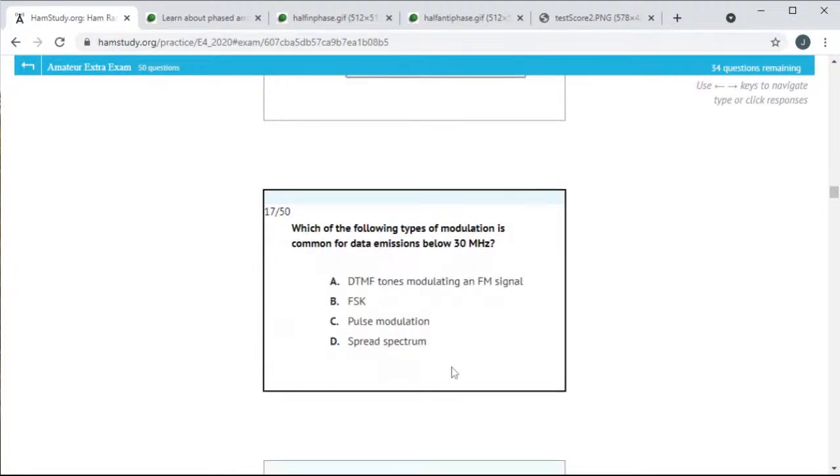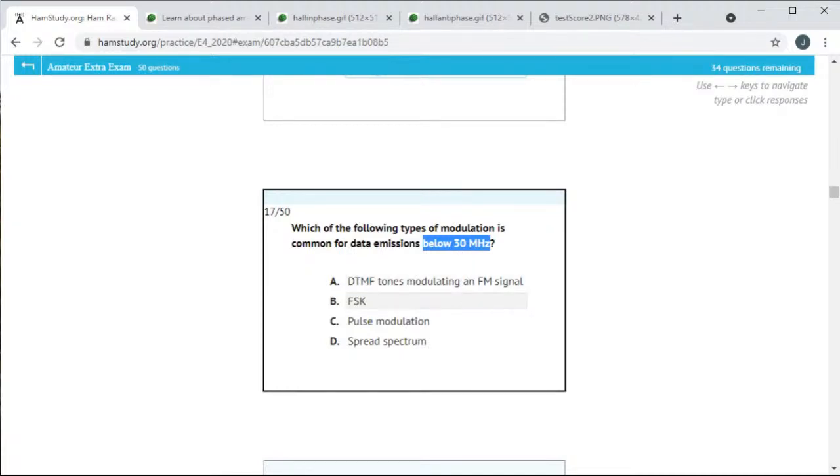Which of the following types of modulation is common for data emissions below 30 megahertz? 30 megahertz is the 10-meter band, so below 30 megahertz is in the HF bands. Above 30 megahertz is VHF.